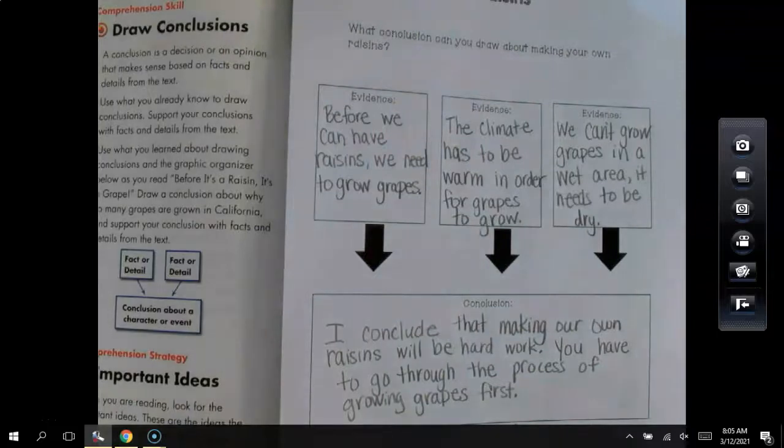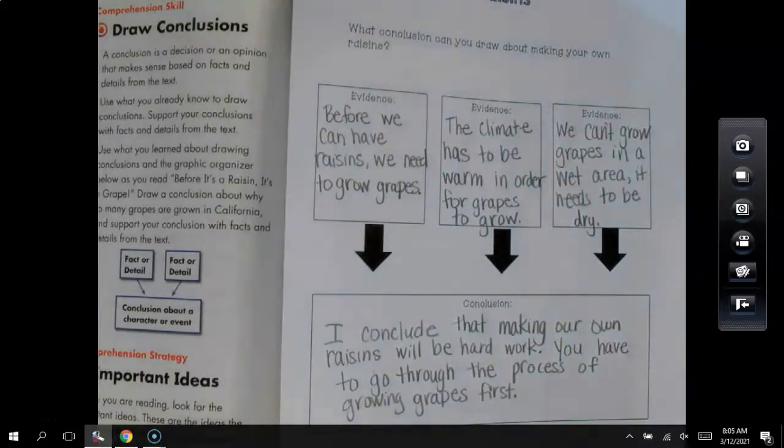So boys and girls, we just made an educated guess. Our question was, what conclusion can you draw about making your own raisins? Well, it did not tell us specifically how to make our own raisins. It didn't come out and say what we needed to do. What it did tell us at the beginning of the story is that raisins come from grapes.